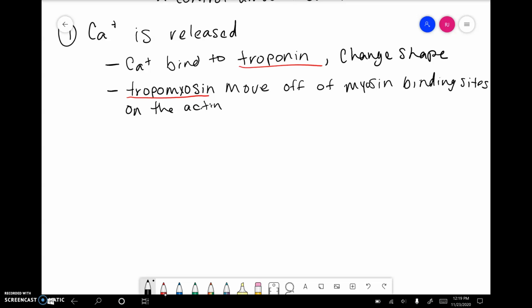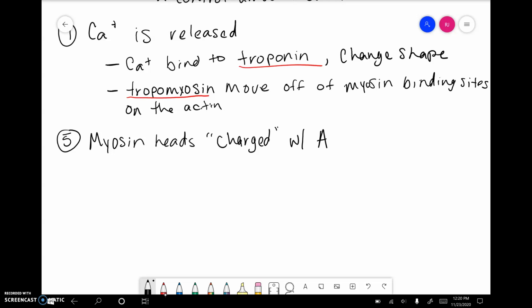So our next step here, step 5, is going to be that the myosin heads that are charged with ATP, which is our energy molecule here, are going to bind to the binding sites on our actin. ATP is super important.